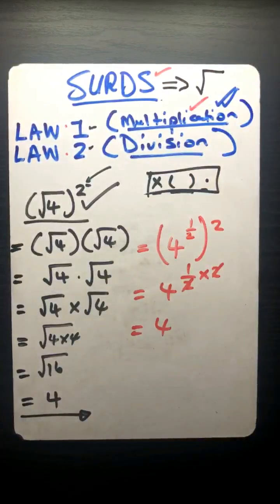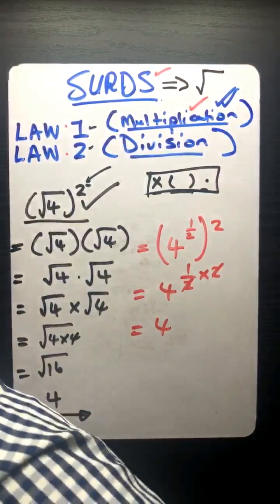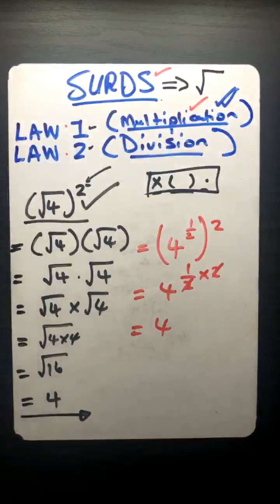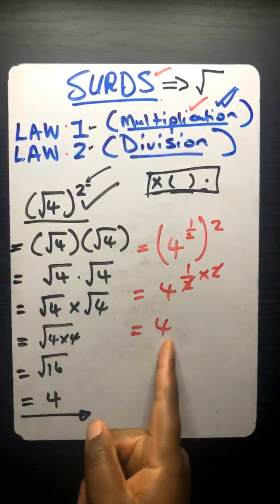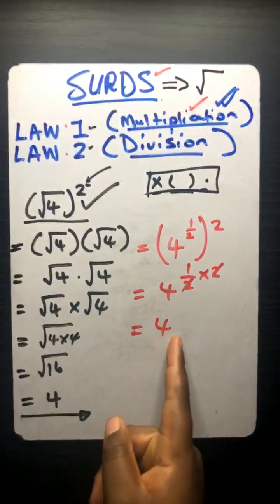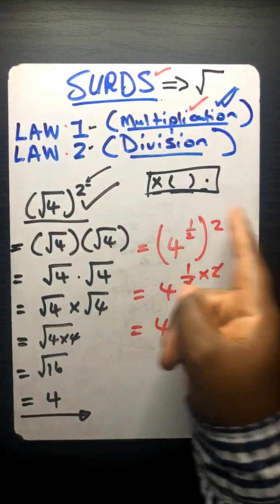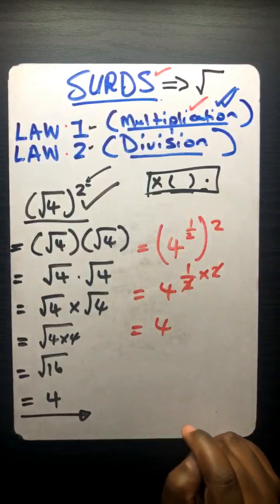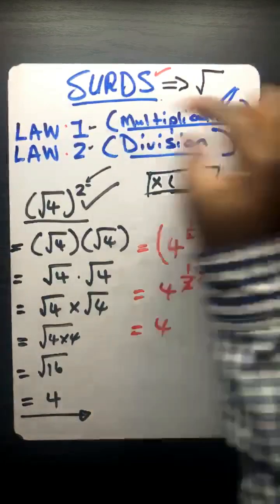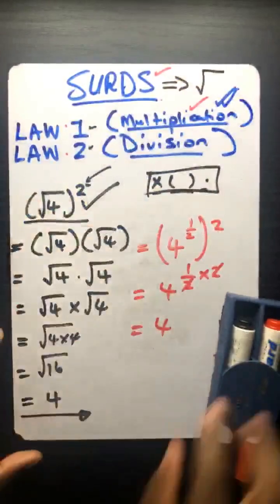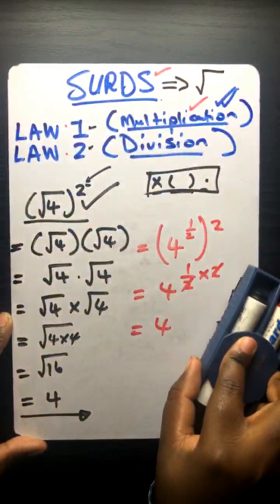Let's try to be law abiding citizens. But this is correct, it's a shortcut, and it's something that you would use in real life. I mean, in the exam, this is what you can use. But otherwise, for now, for the sake of applying the laws, we just stick to that lengthy process.